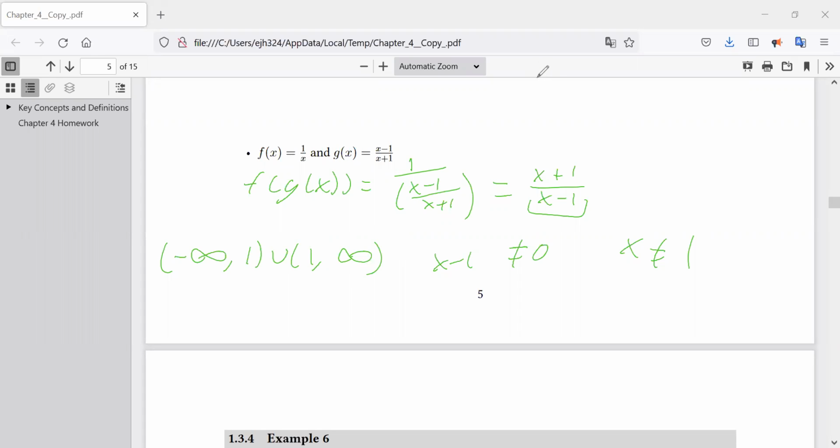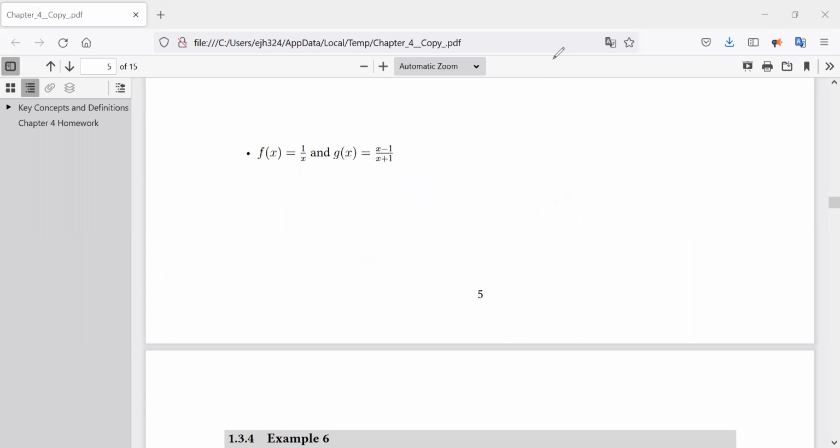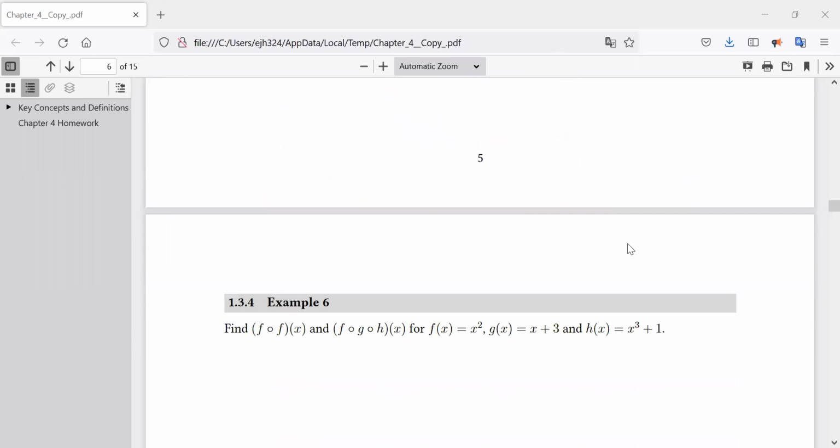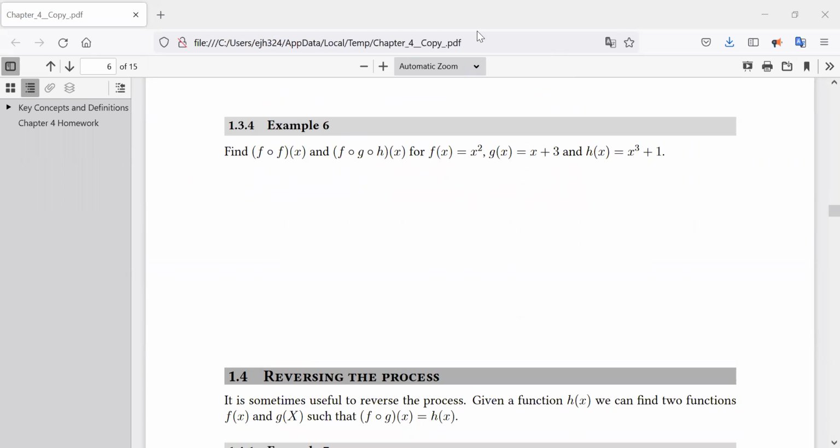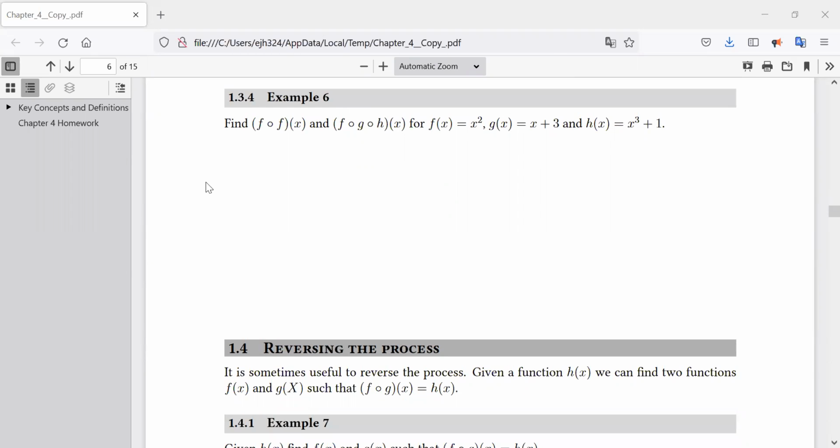Any questions about this stuff before we move on to the next section? Okay, so we want to find f of f of x and f of g of h for these guys.